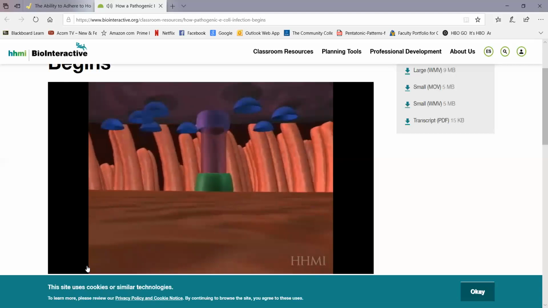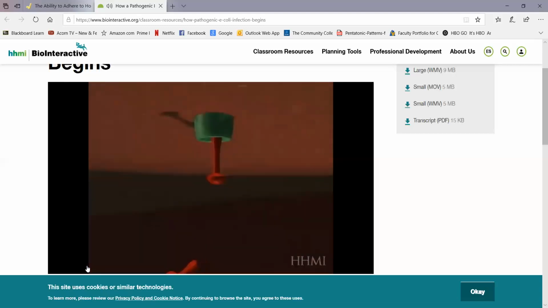So it's now injecting molecules into the host cell with the type 3 secretion system.